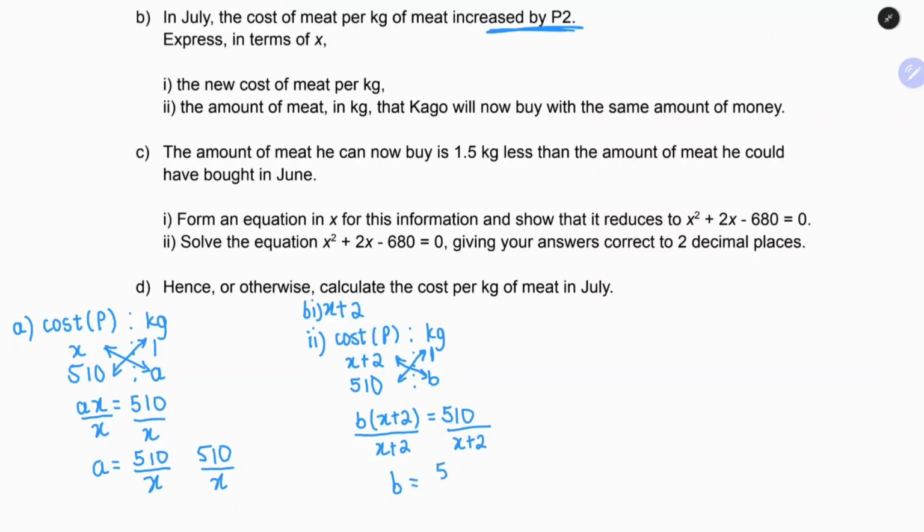B is equal to 510 divided by X plus 2. So you can rewrite it. And then you would have 510 divided by X plus 2, which is now the amount of meat you can buy with 510 Pula in the month of July specifically.